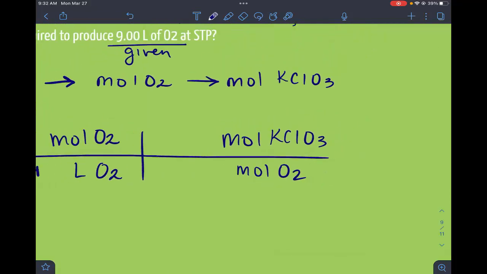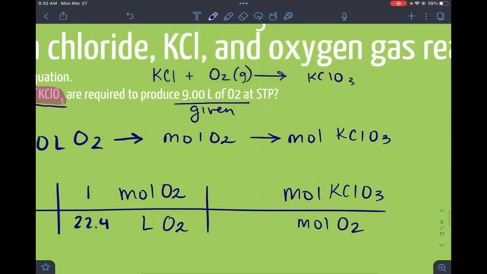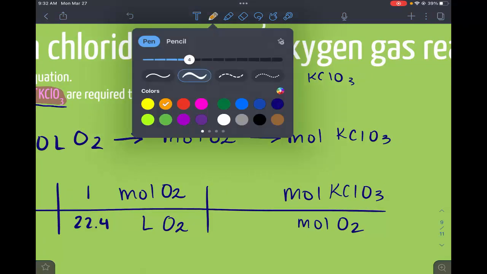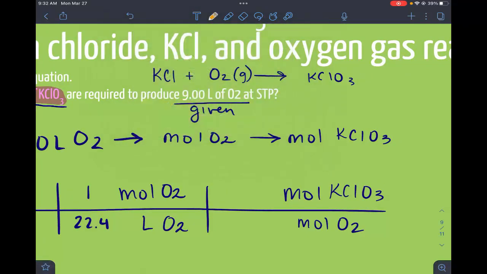And I'm realizing, again, I forgot to balance my equation. That's okay. I didn't need it yet. Now I do, so I'll go back and balance it. Oxygen, I see, has what I call the 2-3 split, or the 3-2 switcheroo. So in front of the 2, I need to put a coefficient of 3 in front of the oxygen. And in front of the KClO3, I need to put a 2.